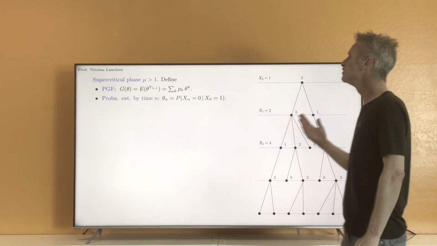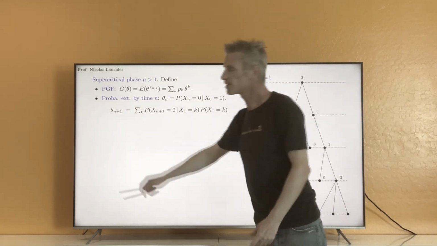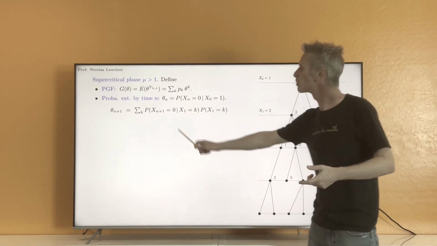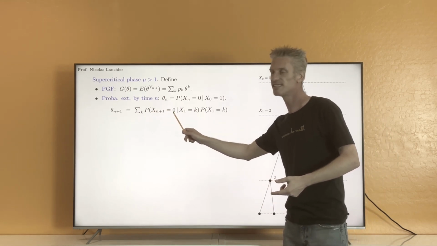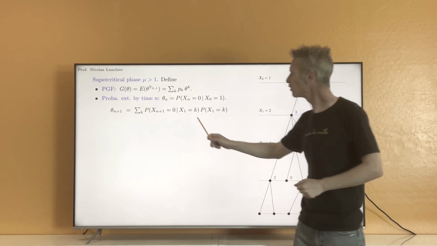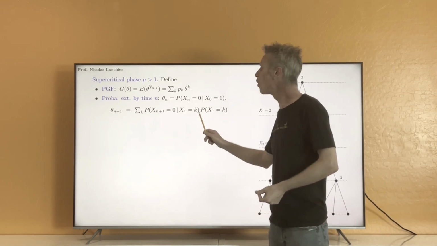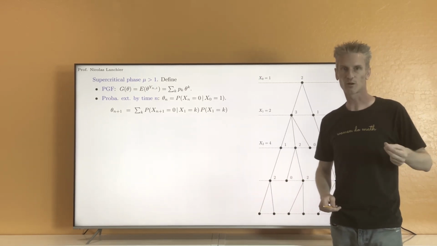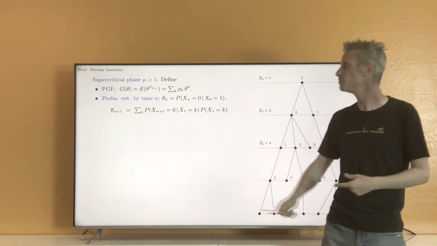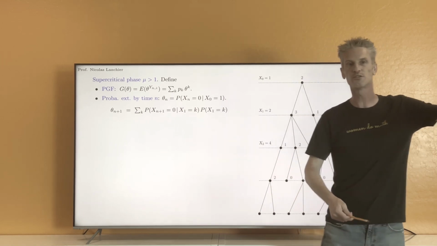So if we do this, we clearly obtain that theta n plus 1, which is by definition the probability that Xn plus 1 equals 0 given that X0 equals 1, can be written that way. I'm just conditioning on all the possible values of the process at time 1. At time 1, the number of individuals at generation 1 can be equal to 0, 1, 2, 3, and so on.